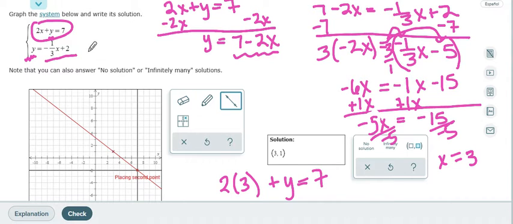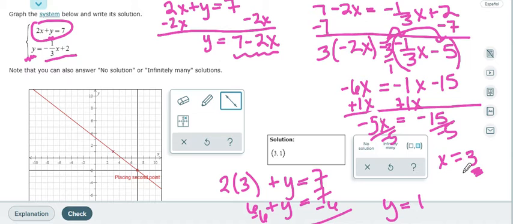And I just got that from this equation and substituting in this 3. So then I have 6 plus y equals 7. And then I want to get y by itself, so I subtract 6 off of both sides, and then I'm just left with y equals 1.